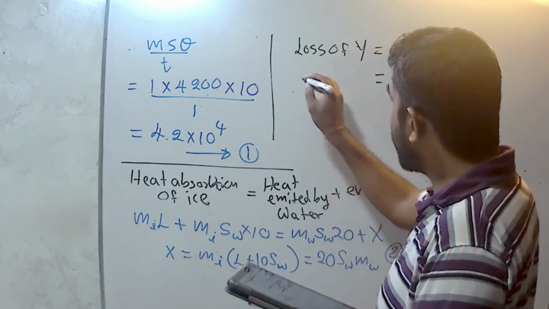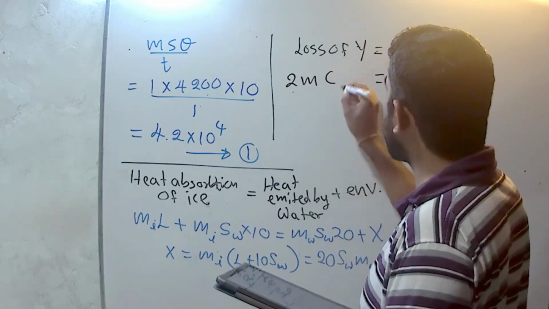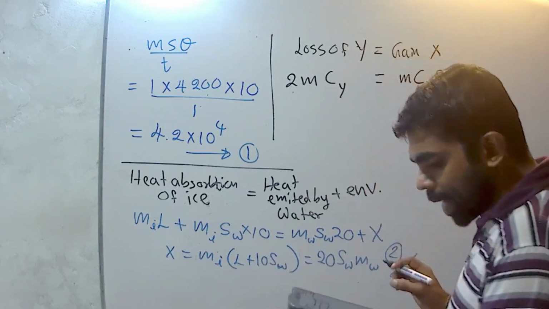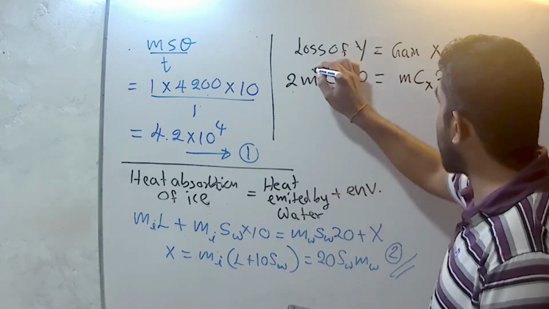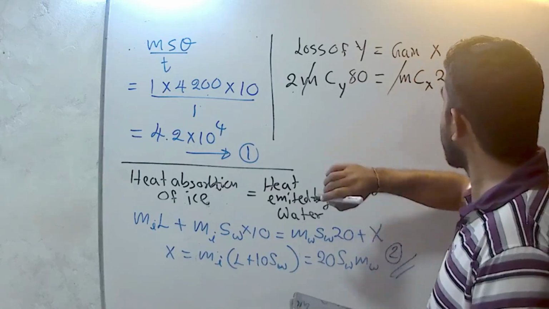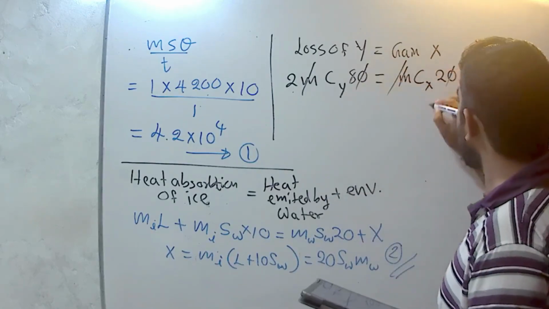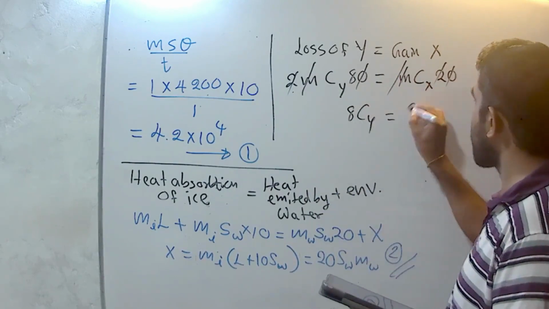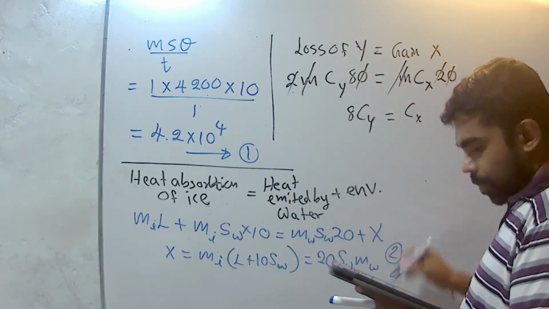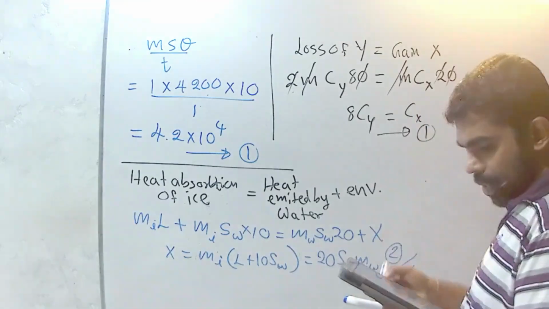Mass of Y, 2m, specific heat capacity Cy, temperature 100 to 20, it is 80. Then we can cancel out the m term, divide by 2, then we can get 8 Cy equals Cx. The first one is the correct answer.